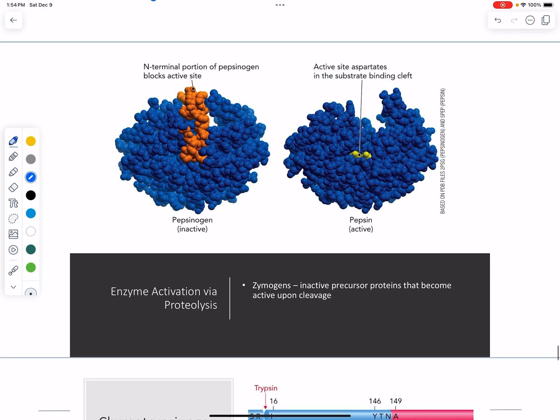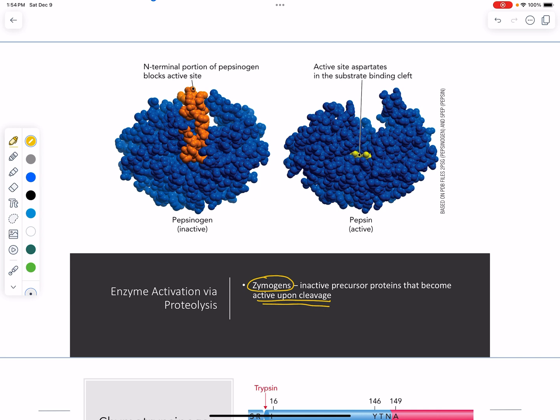All right, so let's look at an example of enzyme activation via proteolysis. The term zymogen we use to refer to the inactive form of the enzyme that becomes active once a peptide bond is cleaved, right?